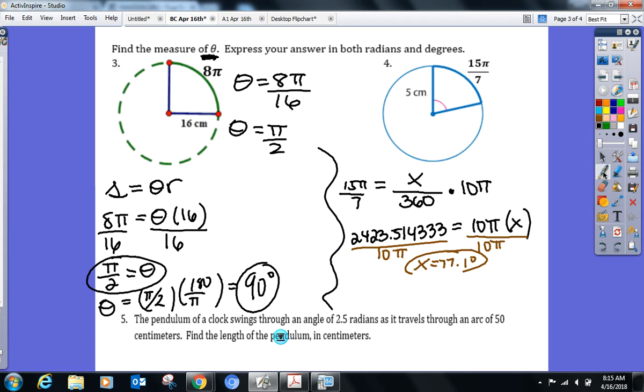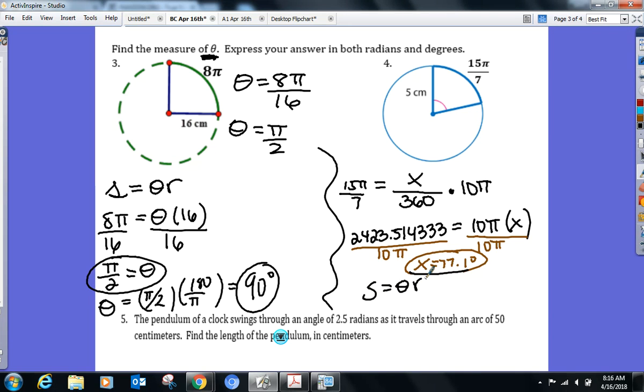okay, my calculator doesn't do that, so I have S equals theta r, arc length 15 pi over 7 equals theta times radius of 5. Divide both sides by 5. Keep your pi in your answer.